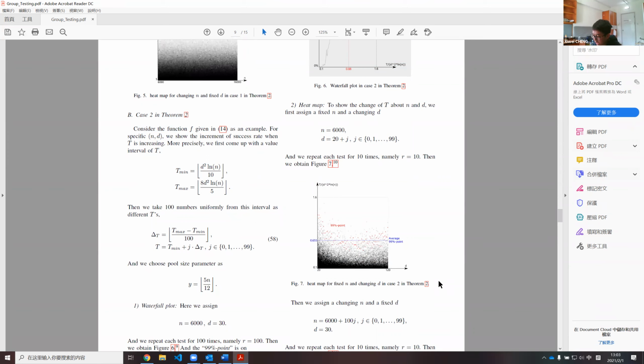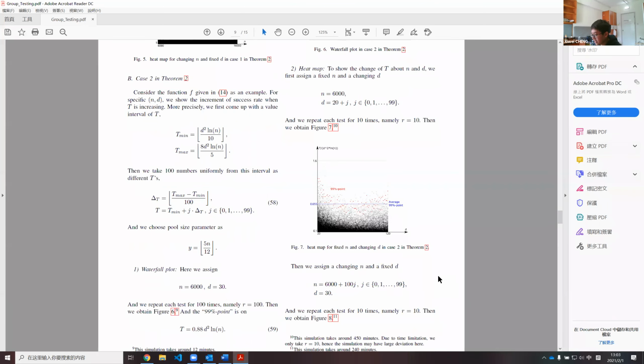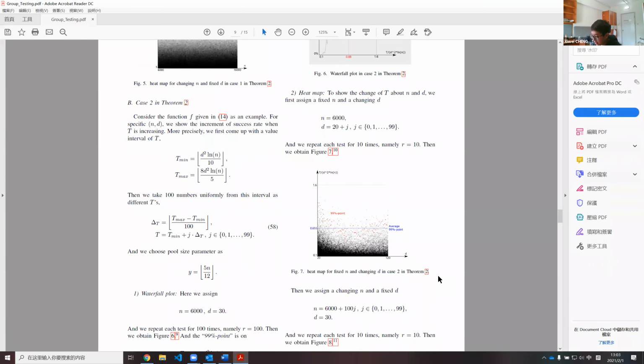By the way, due to time limitation, we take less testing time on case 2 because it takes too long to run the program. So the error may be a little bit significant, but we can still see the overall trend of changing. And we may offer more data and more precise results in our further updates.